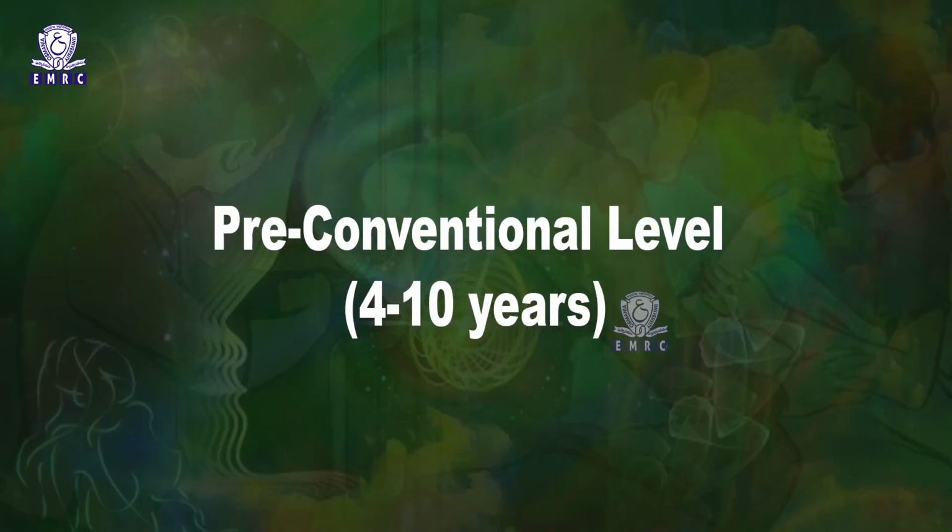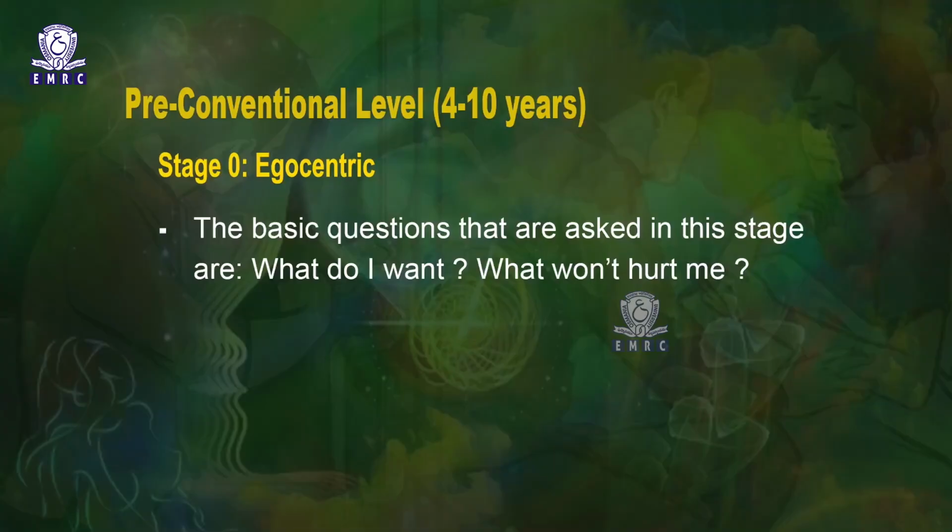We look at stage 1, that is pre-conventional level, that is from 4 years to 10 years. At this stage, like I mentioned, there are 2 stages. So the first one is stage 0, that's egocentric. And the basic questions which are asked in this stage are, what do I want? What won't hurt me?